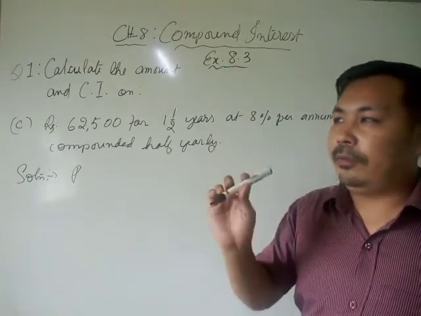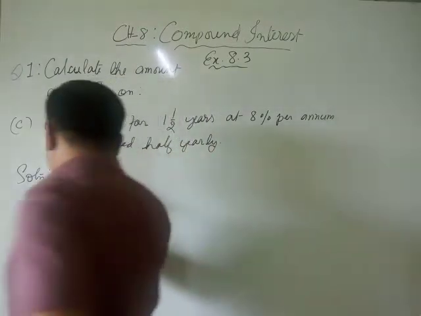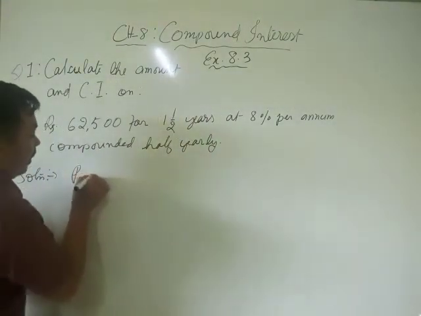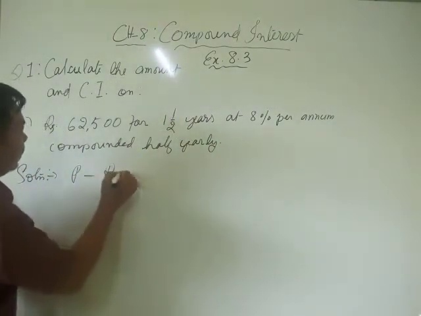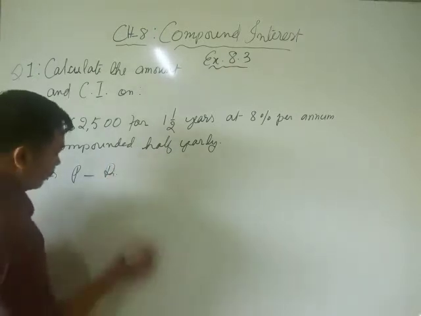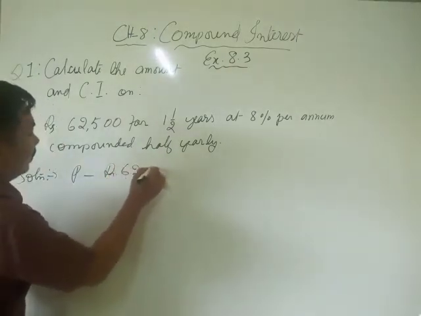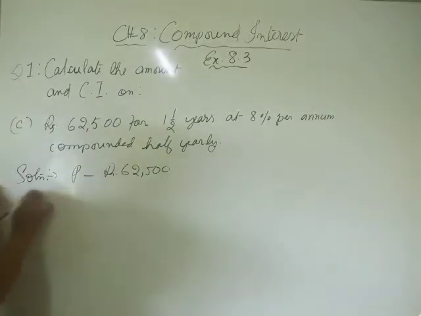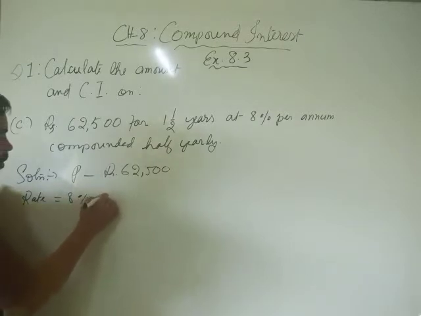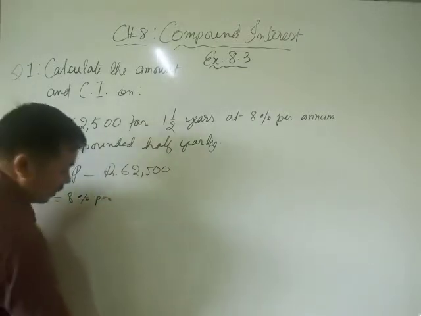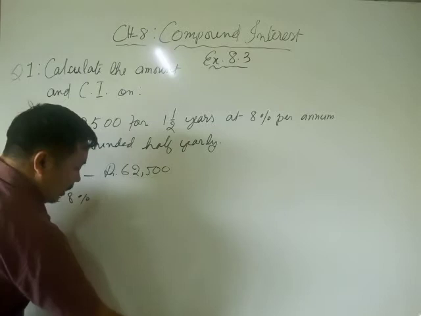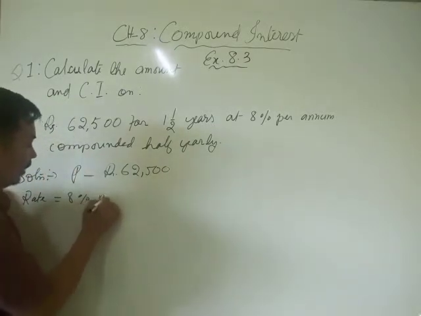But the rate is given for a year together. So what we have to do, my dear student, is that the principal P will be the same. P is 62,500, the principal money. Now the rate is equal to 8% per annum.